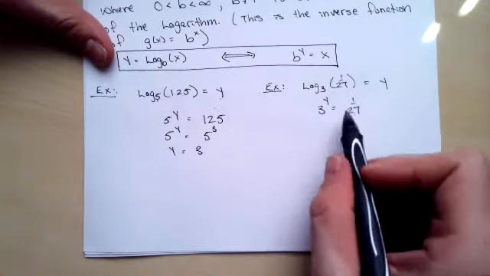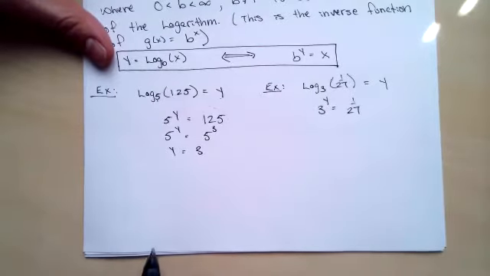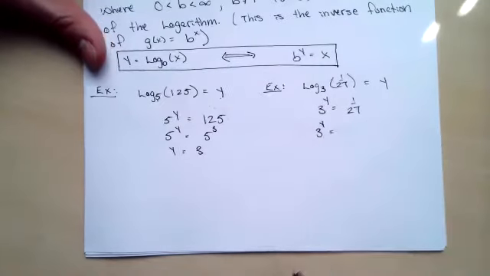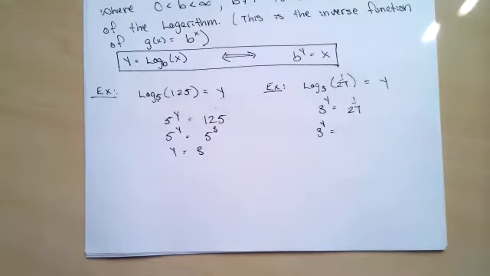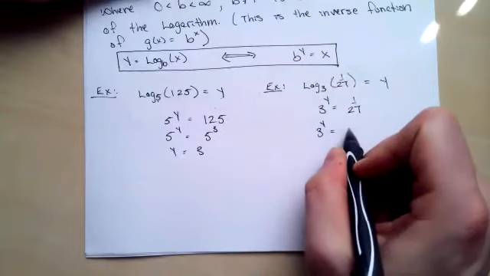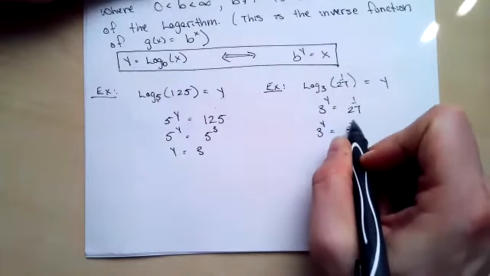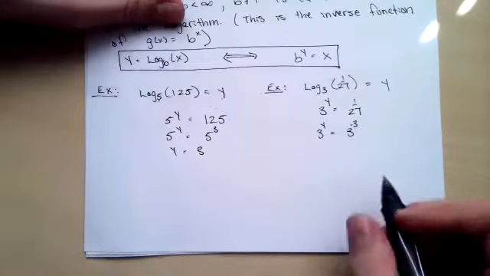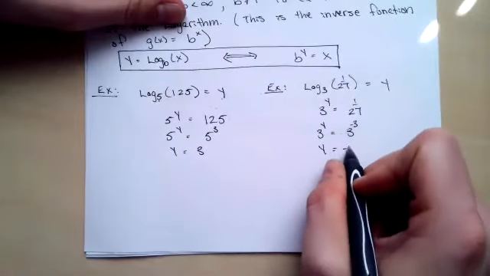And now we've got to figure out what power do I need to raise 3 to in order to get 1/27. So hopefully some of the powers and exponents are starting to settle in. 27 is 3 cubed. So 1/27 is 3 to the negative 3. That negative exponent will give us that reciprocal. And so y is negative 3.